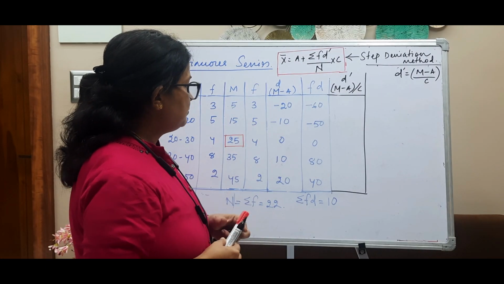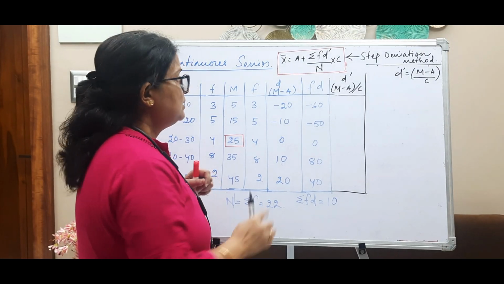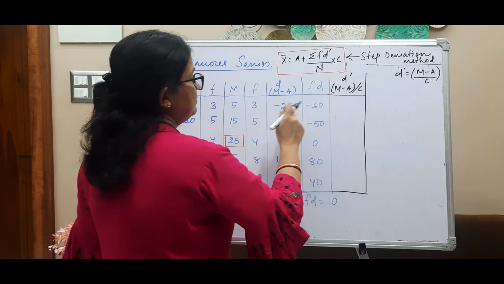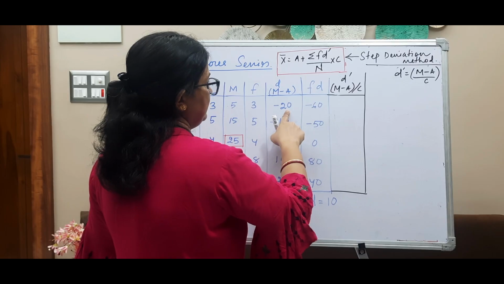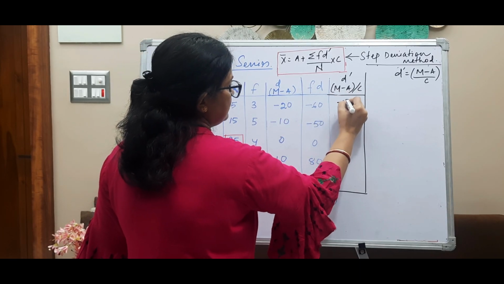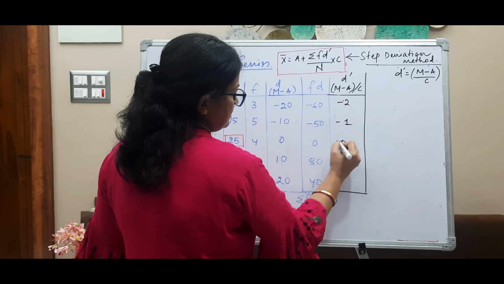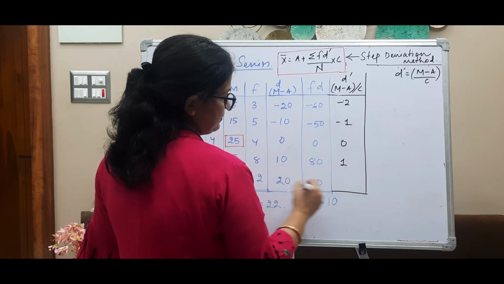Here, 10 can be divided into each deviation. So take 10 and find the d dash. Minus 20 by 10 is minus 2. This is minus 1. This is 0. This one is 1. This one is 2.